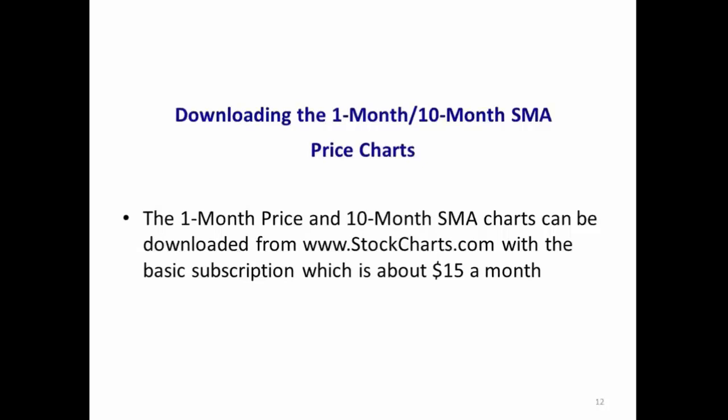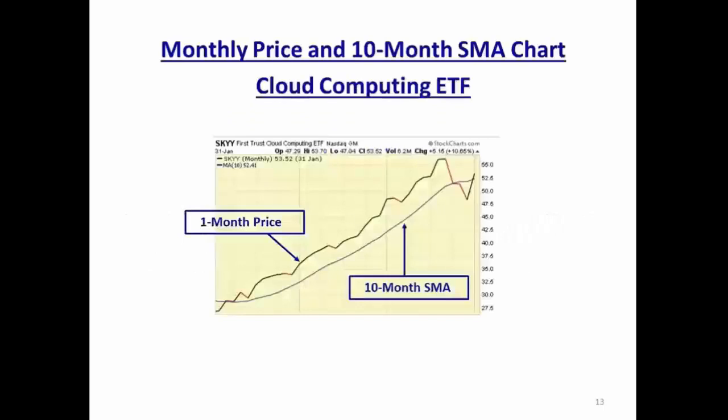And the 1-month and 10-month simple moving average chart can be easily downloaded from stockcharts.com with the basic subscription. The last time I checked, I have the basic subscription, and it was $15 a month to download the charts that display the 1-month price as well as the 10-month simple moving average.